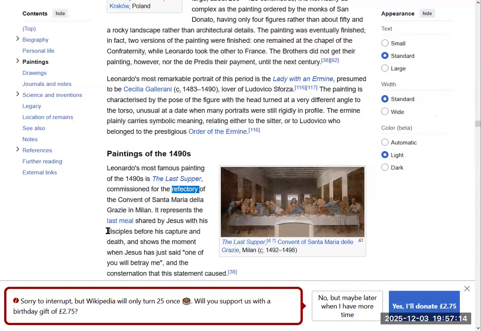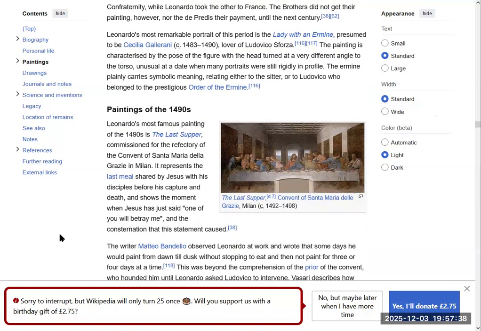It represents the last meal, or supper, shared by Jesus with his disciples before his capture and death, and shows the moment when Jesus has just said, "One of you will betray me," and the consternation that his statement caused. Okay, so it's still in Italy somewhere.